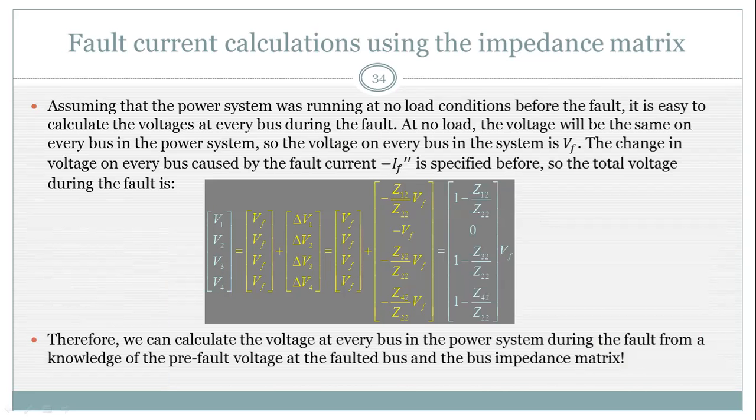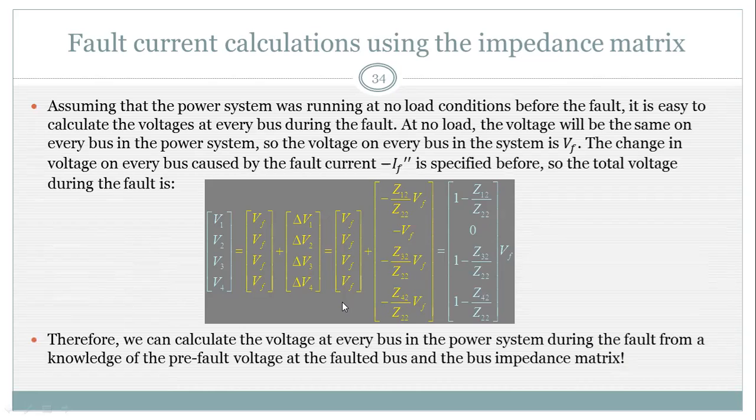So after the fault occurs, what is the new bus voltage? If we want to calculate the new bus voltages after the fault, that is V1, V2, V3 and V4, then we have to add this bus voltage change to the pre-fault bus voltage.